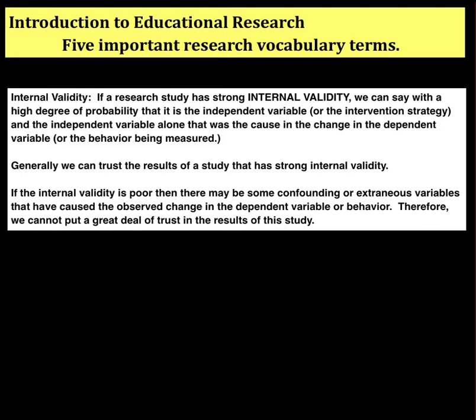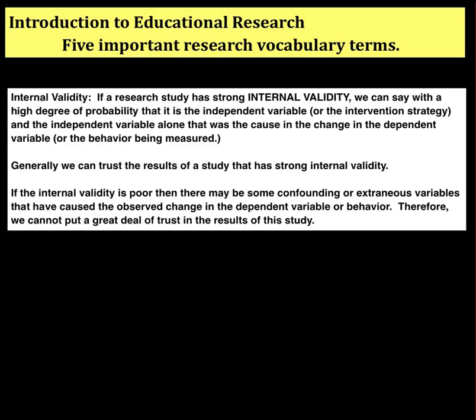If a research study has strong internal validity, we can say with a high degree of probability that it is the independent variable, or the treatment or the intervention strategy, and the independent variable alone that was the cause of the change in the dependent variable or the behavior being measured.